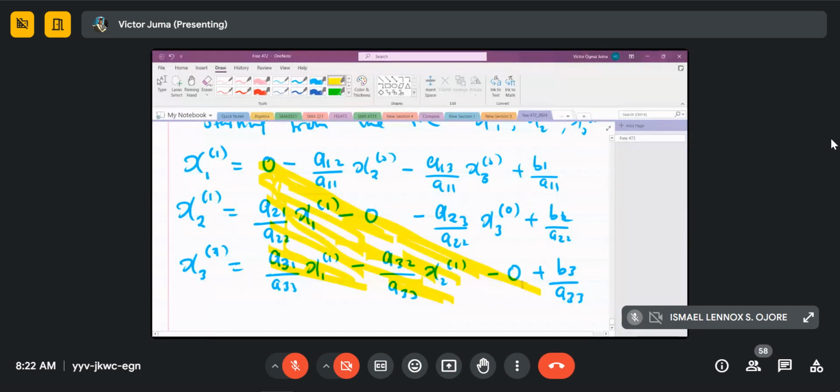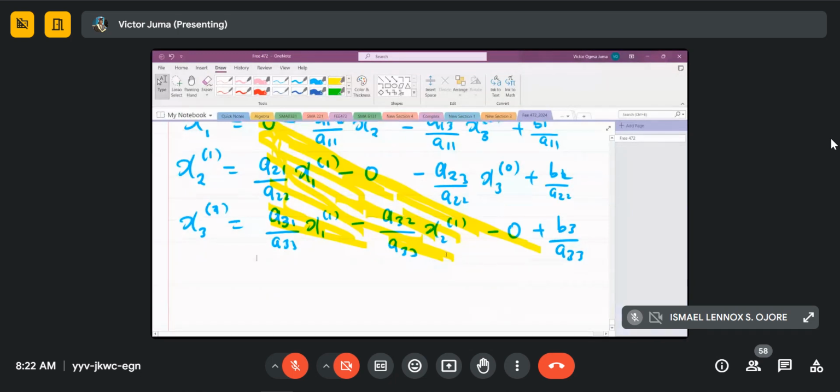Basically, you see that I can divide along the diagonal. I have the lower triangular matrix, and then I can split that one into an upper triangular matrix. So basically, an upper triangular matrix is taking the previous values, and then the lower triangular matrix is taking the coefficients of what? Of the latest values.